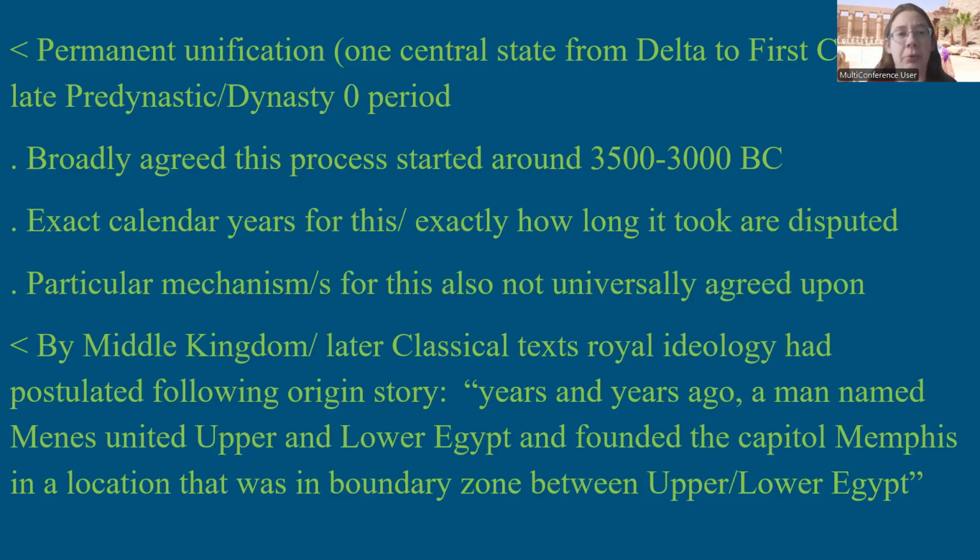The approximate date for the permanent unification of Upper and Lower Egypt is somewhere around 3,500 to 3,000 BCE. The mechanisms for this taking place are not clear, and the exact length of how long this process took is not clear either.